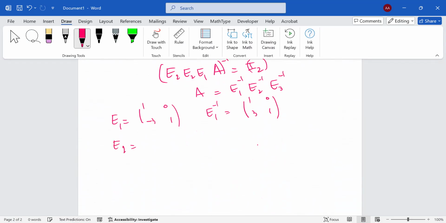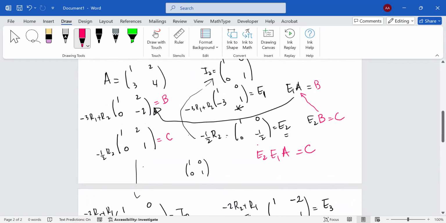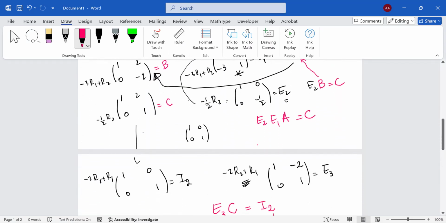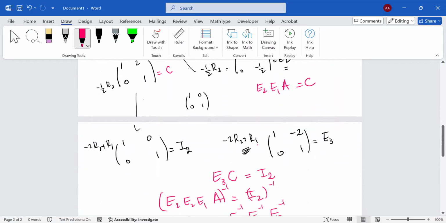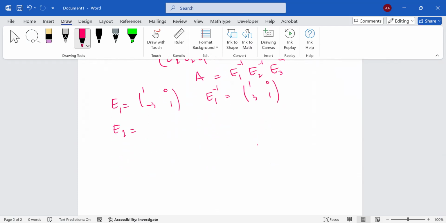E2 is 1, 0, 0, negative 1 half. So for E2 minus 1, the determinant is negative 1 half.